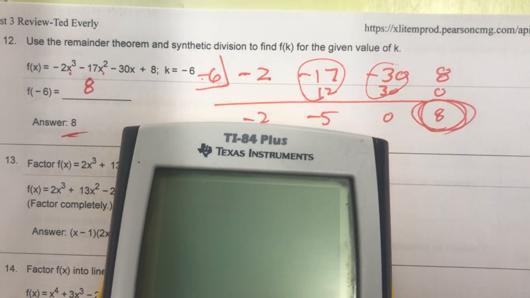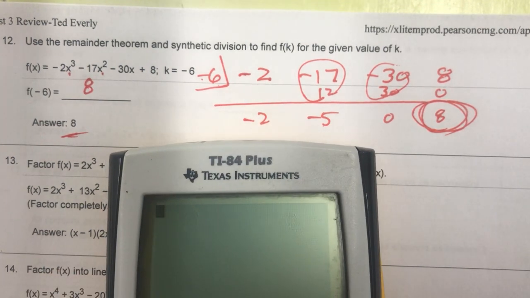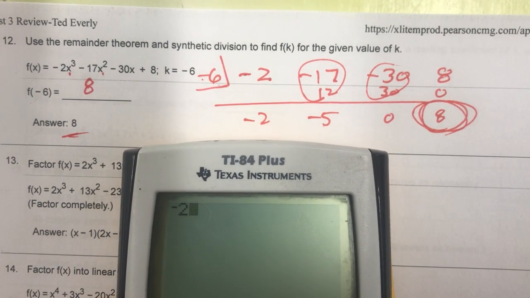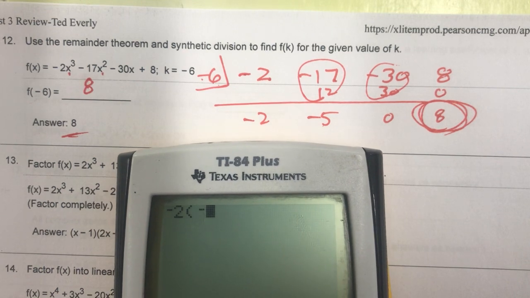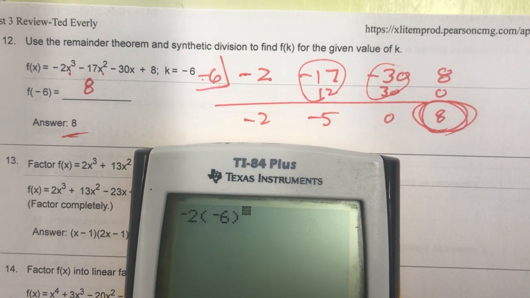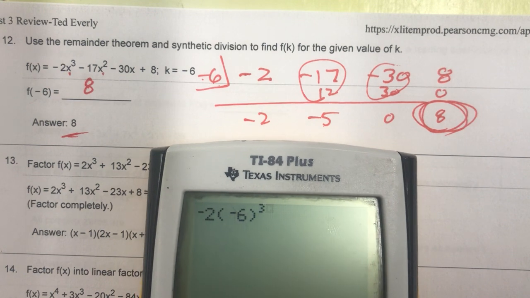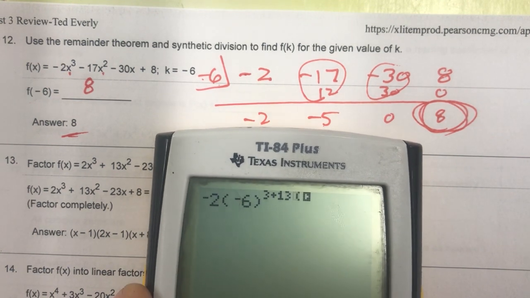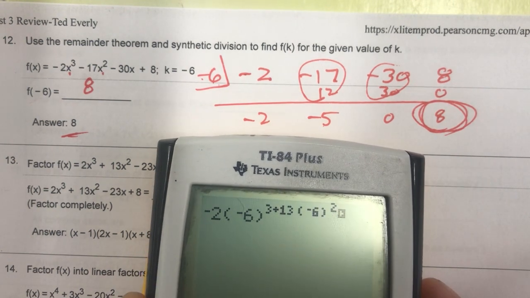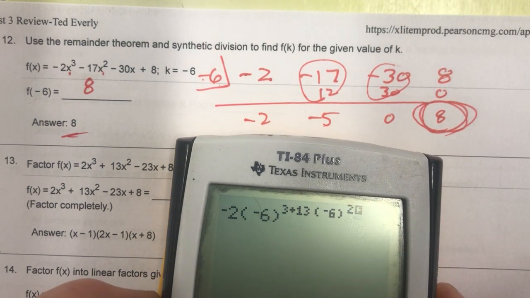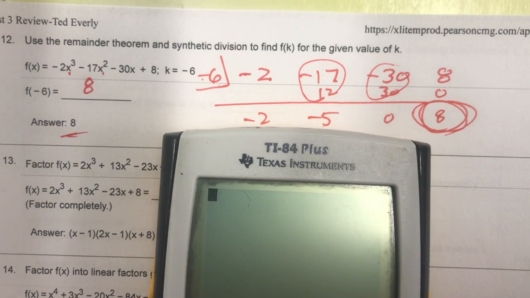what I could have done, I could have punched it all in the calculator. Negative 2 times, what was it, negative 6 to the 3rd power plus 13 times negative 6 squared. Well, crap fire. Let me start over.